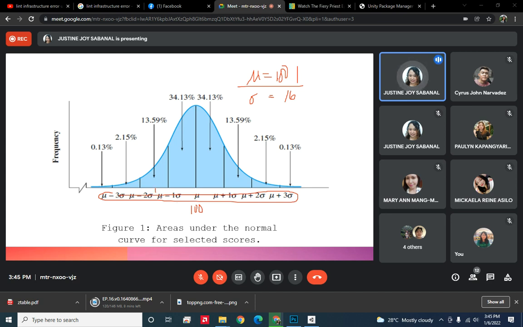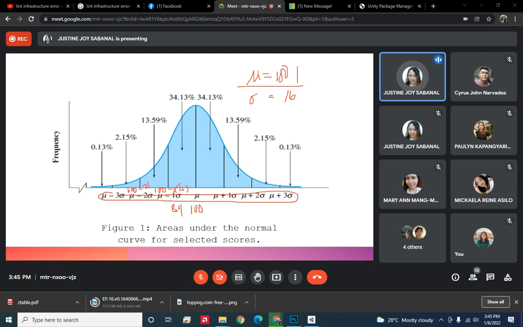So, yung mu minus 1 sigma, so yun po ay 100 minus 1 standard deviation, so 1 times 16. So, once you evaluated this, we have 100 minus 16 is 84. So, ganun din po, 100 minus 2 sigma naman.